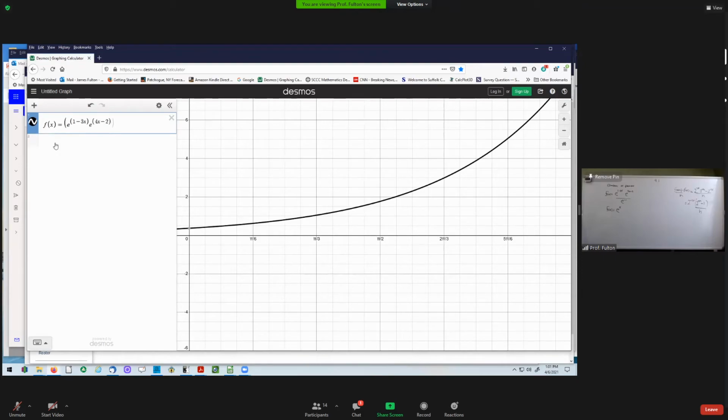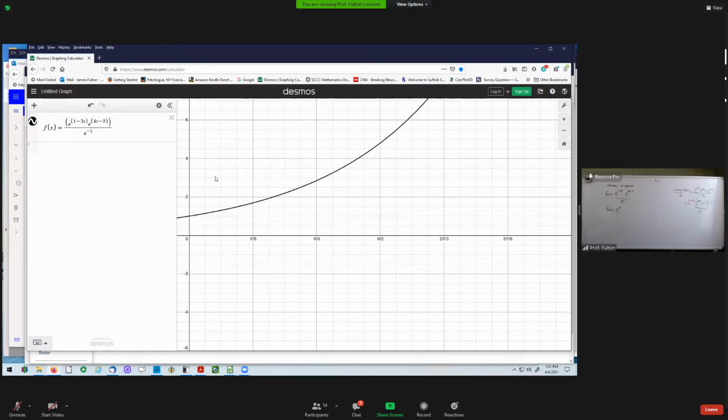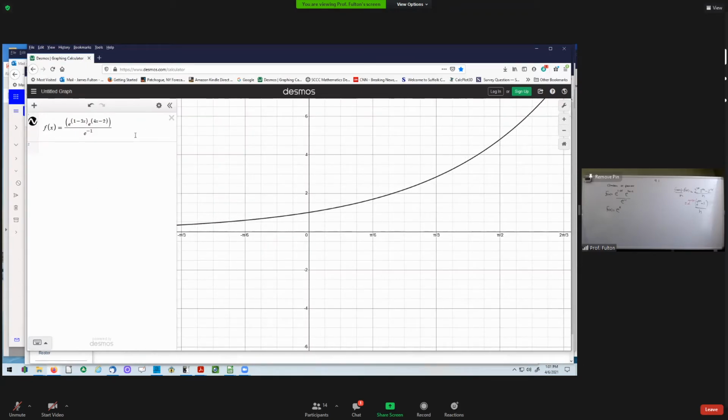Bring it down. And then divide all of that by e to the minus 1. Now there's what it looks like. And if I look at the final function, I get f of x is equal to e to the x. Notice I get the same exact graph because they're equivalent to each other. Same exact functions. And that's what it's doing. It's showing you algebraically they are the same.